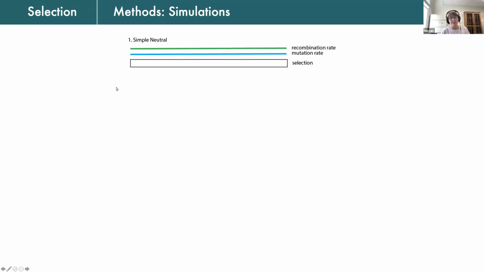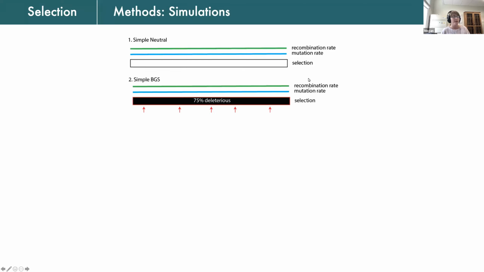So to do this, we simulated data under several different models. We started with a simple neutral model where we had constant recombination and mutation rates and no selection. This is the model that most of these methods assume. We also had a model with background selection where we still had constant recombination and mutation rates, and 75% of mutations were deleterious.